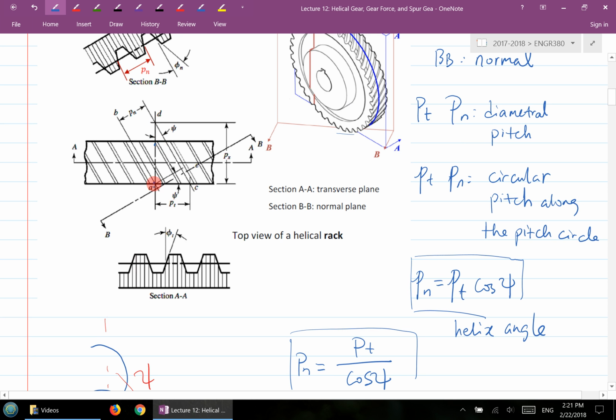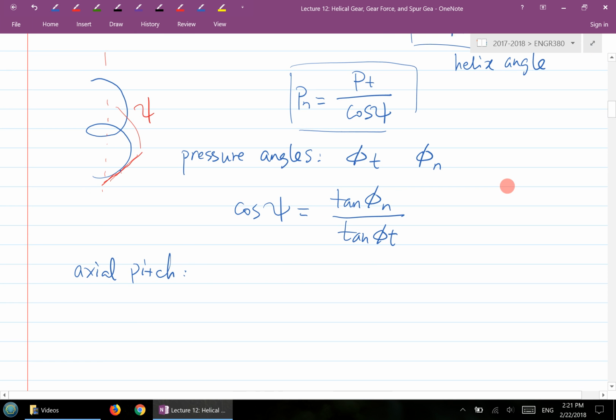This distance, from A to D, is the axial pitch, px. The px is related to the transverse circular pitch, divided by the tangent of the helix angle.